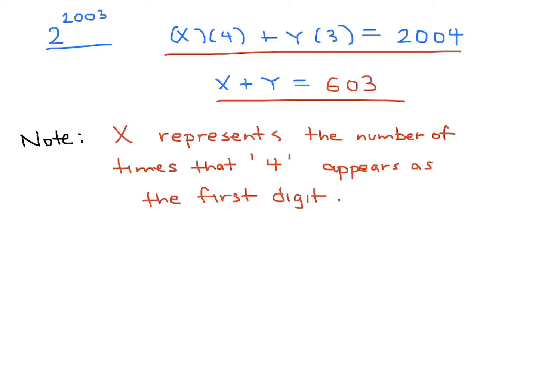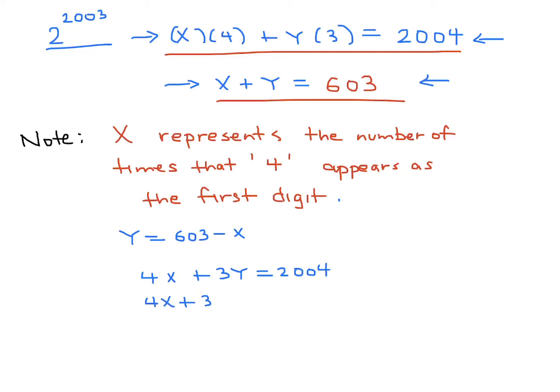So let's use these two equations to solve for x and y. From this one here, we basically get that y is equal to 603 minus x. And we can substitute that into here, and we will get 4x plus 3y is equal to 2004. 4x plus 3 times (603 minus x) is 2004.